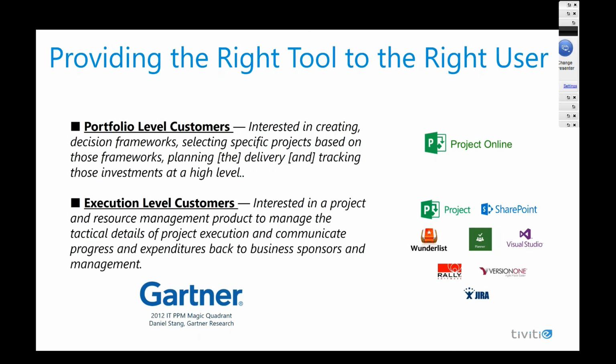Visual Studio for work items that are managed on the software development process. And then down below, there's a number of agile tools for the folks that are doing more agile type of work. JIRA, VersionOne, and Rally, along with Visual Studio TFS, are ones that are more popular in that regard. So the idea is different types of work are being addressed by different tools and approaches within an organization today.